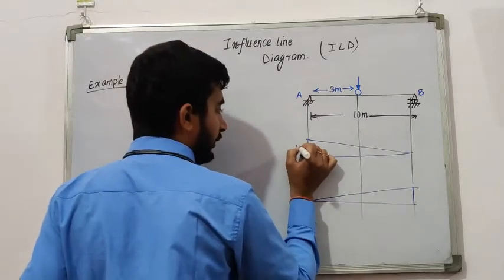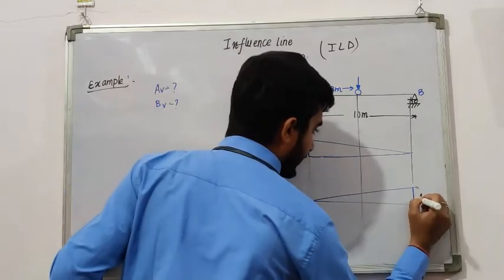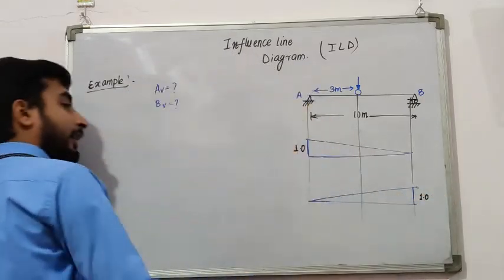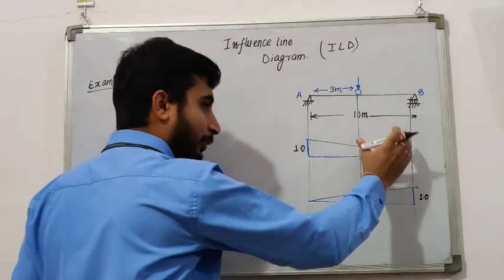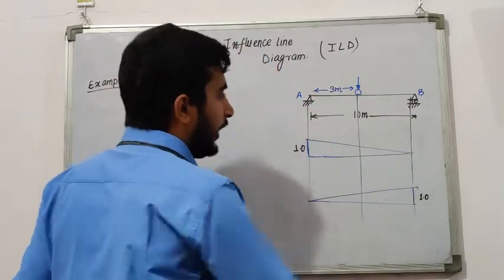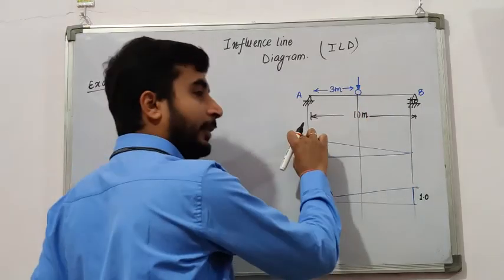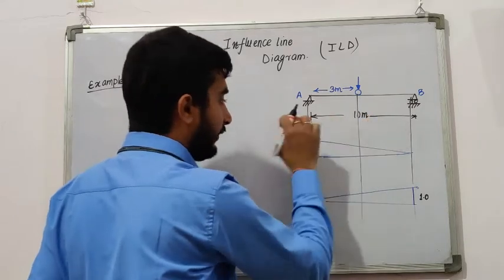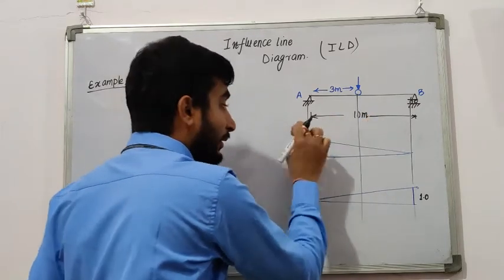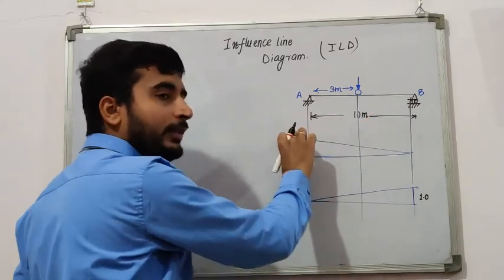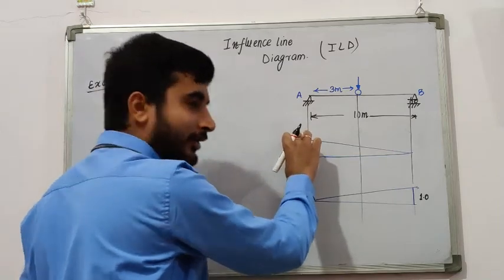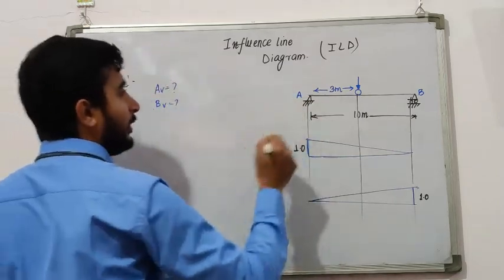What we know is this value is 1.0, this value is 1.0, and this will remain 1.0 if you have a simply supported beam of any length. If I convert it into 20 meter, it will still remain 1.0. If I get it of 5 meter, it will still remain 1.0, because this is the reaction that has to be constant, because we are going with the unit loading.